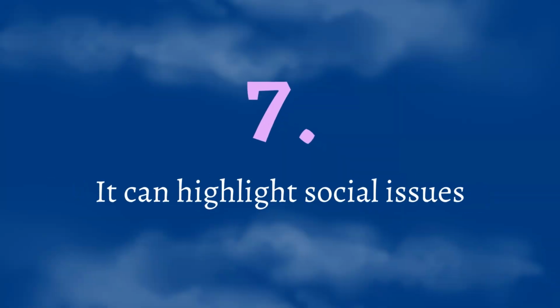Number 7, it can highlight social issues. Historical context can also really drive home the social issues that were prevalent during that time period. Again, I talked about the birth control and that being shunned at a certain time frame, or living with someone before you were married, or having multiple marriages where you've been divorced.